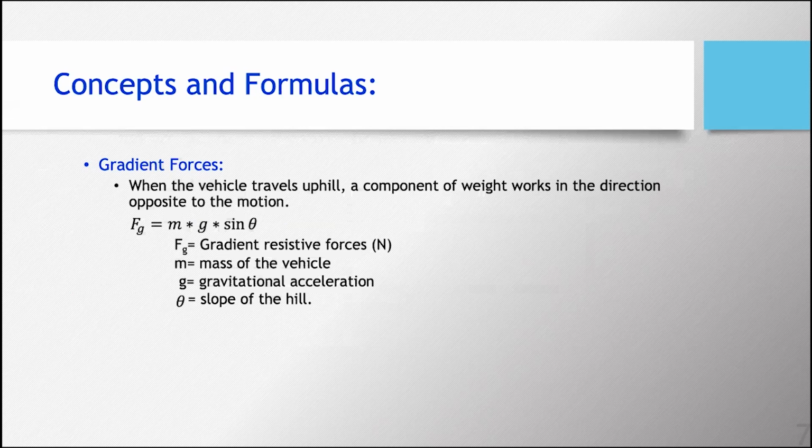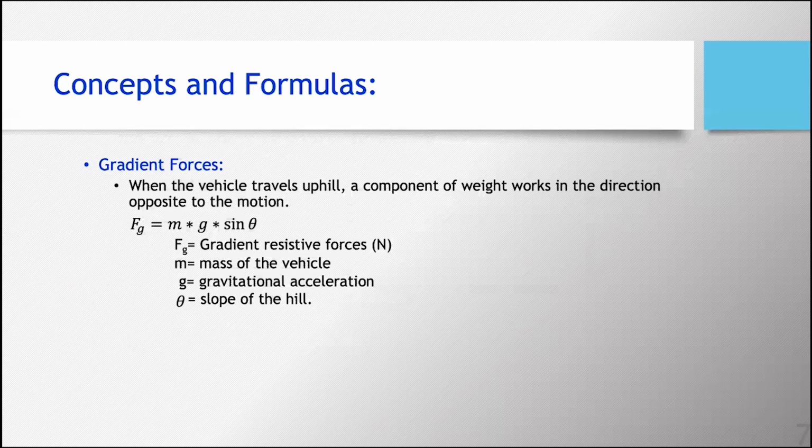What happens is when the body is moving in an inclined position, there is a component of force, mg sine theta, meaning its own weight component of sine theta acts back, pulling the vehicle downwards. If the vehicle is moving uphill, this component will be pulling the vehicle downhill.